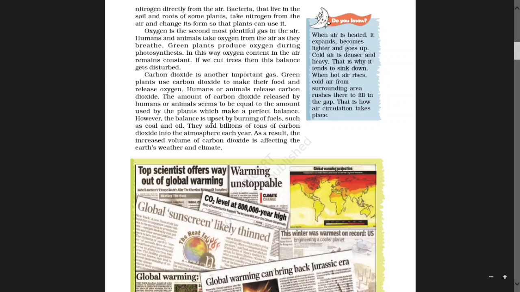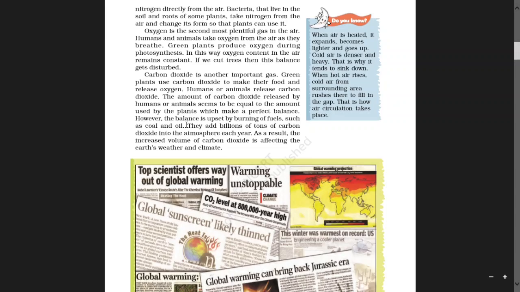However, the balance is upset by burning of fuels such as coal and oil. See, this balancing, boys, is upset by burning of fuels such as coal and oil.